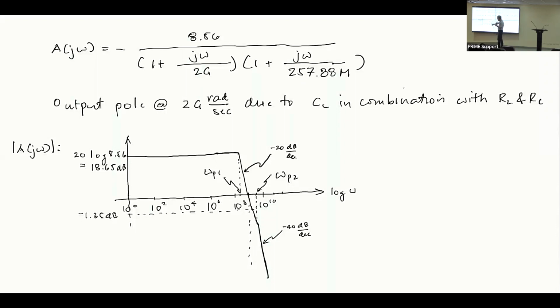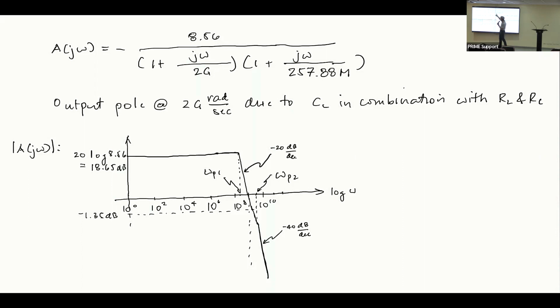Okay, 10 to the 8 is 100 megaradians per second. That's 100, 10 to the 8, no? 10 to the 8, 10 with 8 zeros, no? So 1 megaradian per second is 10 to the 6. 100 megaradians per second is 10 to the 8. So 10 to the 8 is 100 megaradians per second.